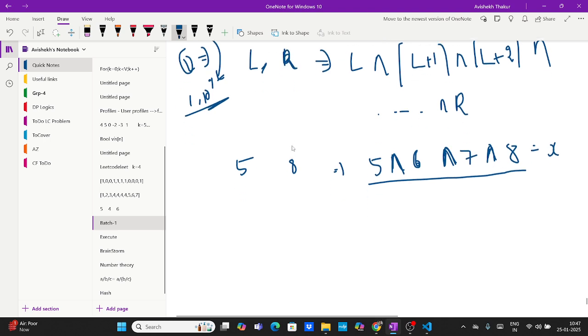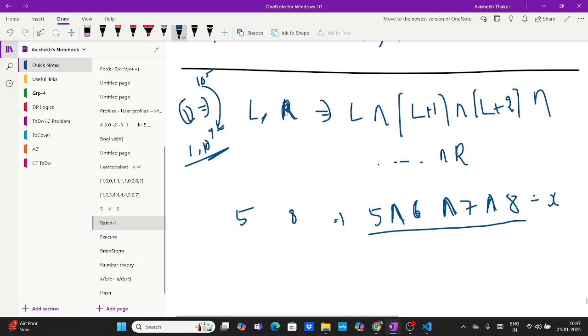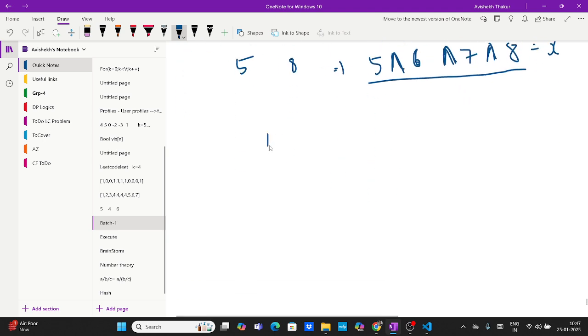I'm not taking much time because this is something we have to know before solving. So what is the bitwise OR of 1? Only 1, right?